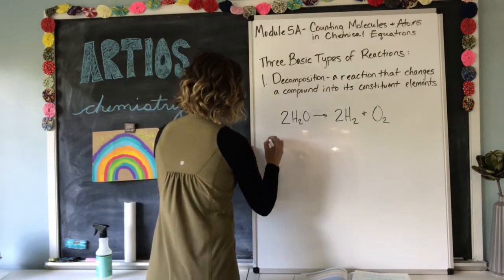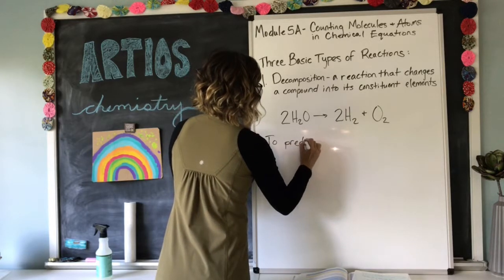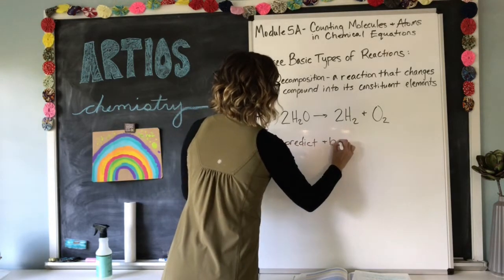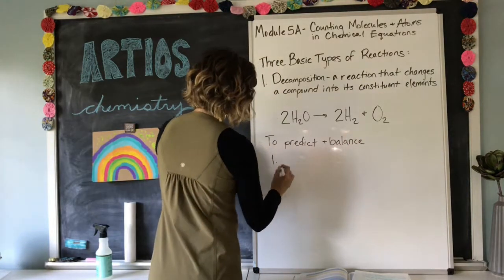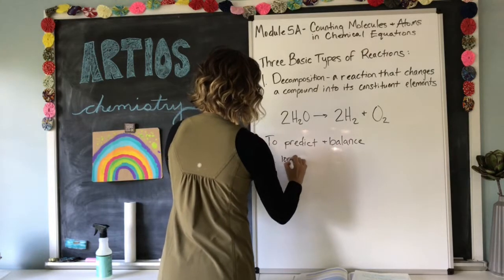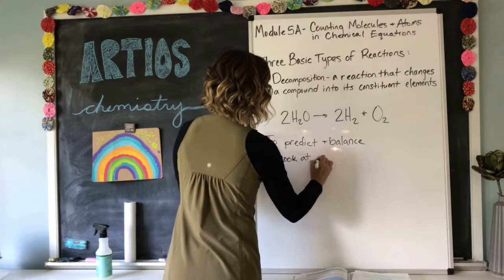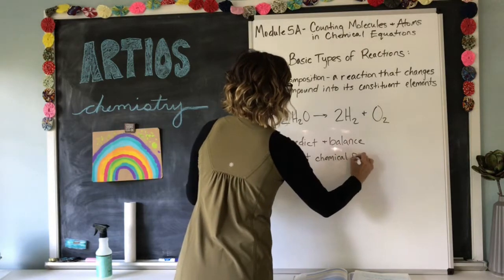So here are the steps to predict and balance. Number 1, we are going to look at the chemical formula of the compound.